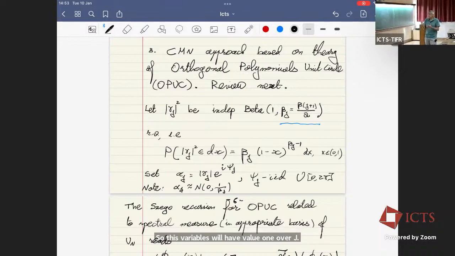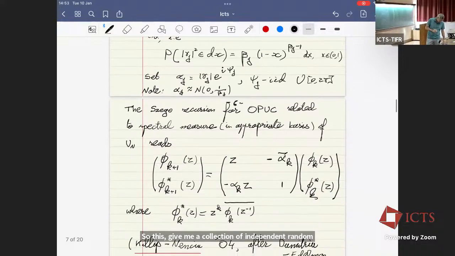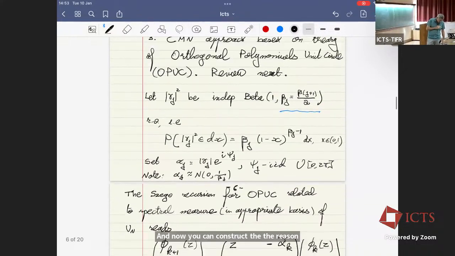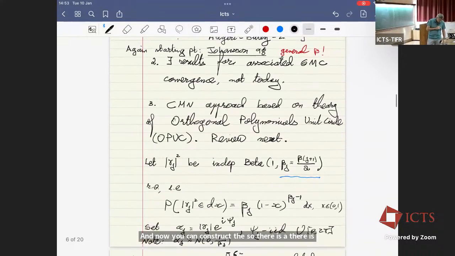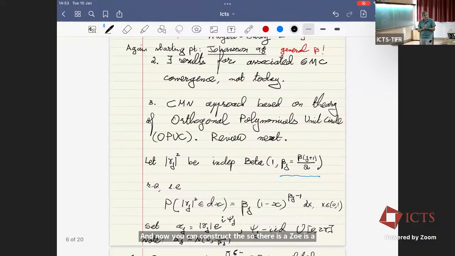And then complexify these random variables, namely take alpha j, which is the modulus of gamma times a random phase. So this gives me a collection of independent random variables. And now you can construct a realization of matrices from the CβE in terms of certain 5-diagonal matrices.